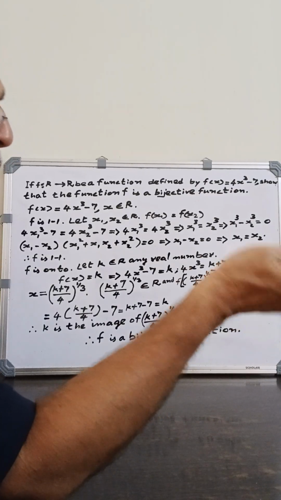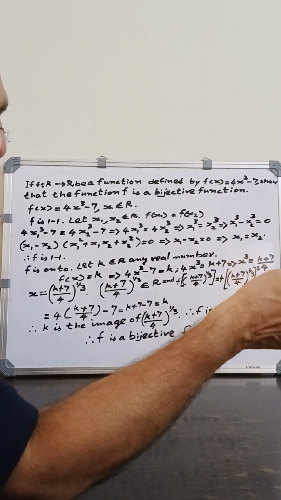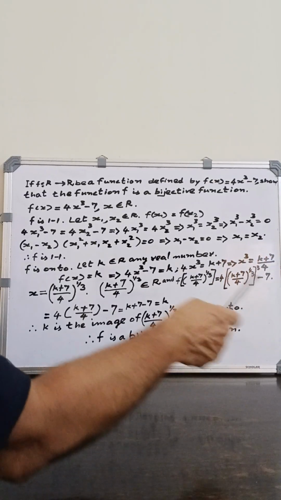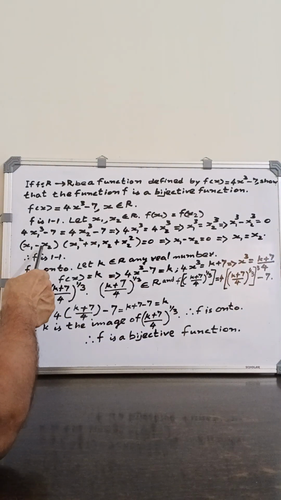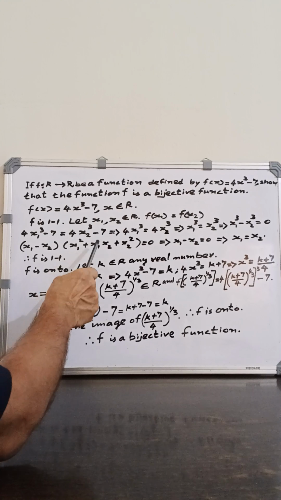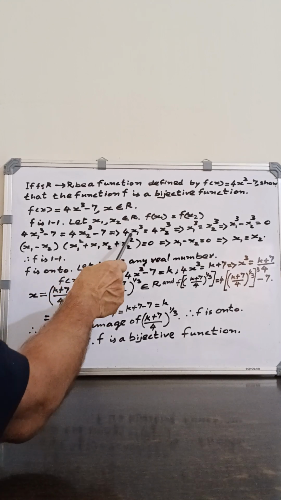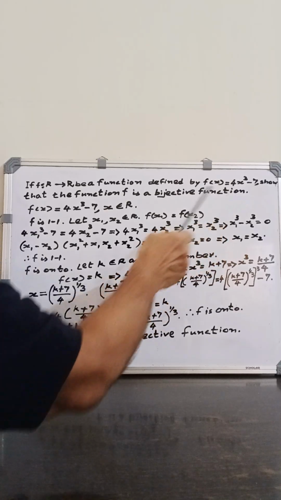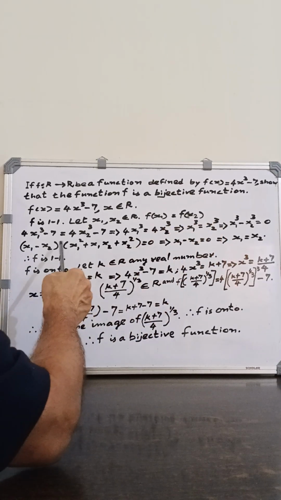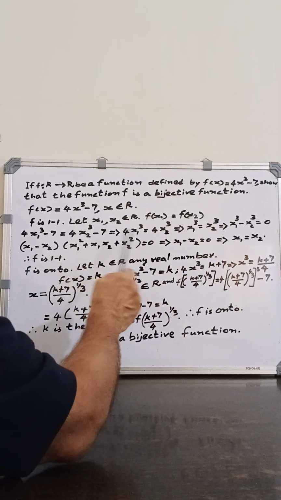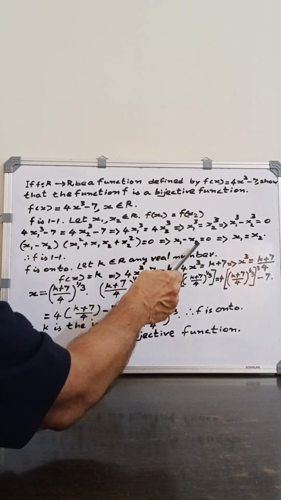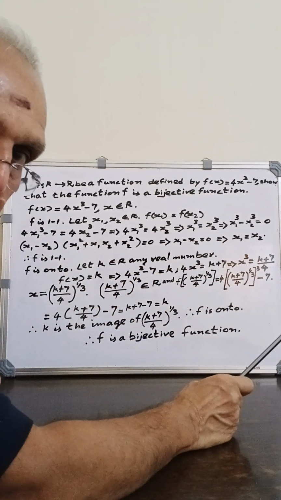Its factors are x1 minus x2 into x1 squared plus x1 x2 plus x2 squared. That is the factors of x1 cube minus x2 cube equals 0. The second factor we can omit. The first factor we can take, x1 minus x2 equals 0.